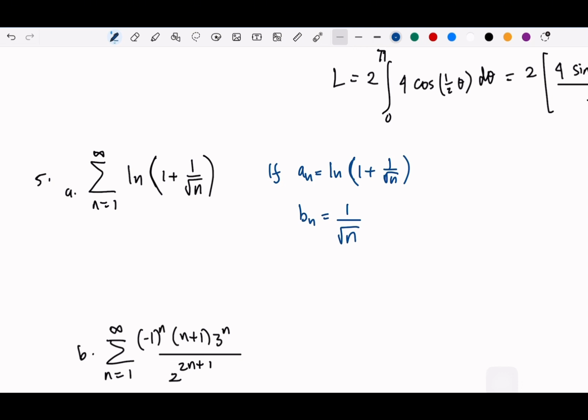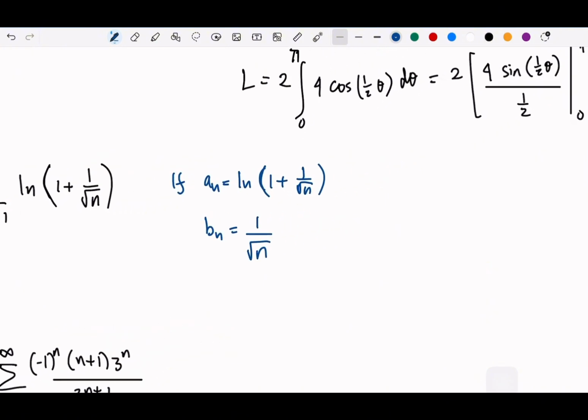Because if we try the limit comparison test, we are going to test the limit by taking a and bn as ratio, right? So we are expecting that by taking some method in limit, these two can somehow be solved. So this could be written as the limit as n gets larger of the ln of 1 plus.